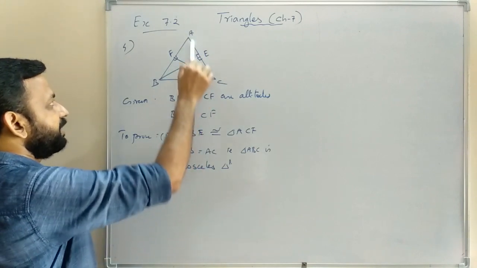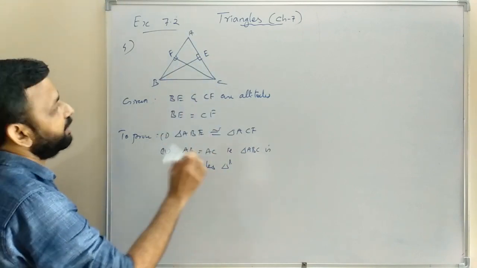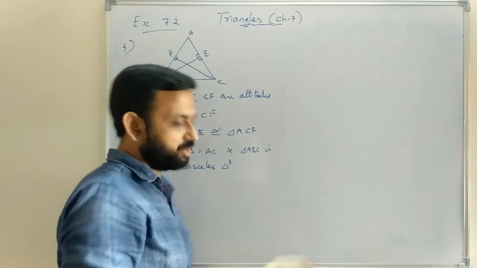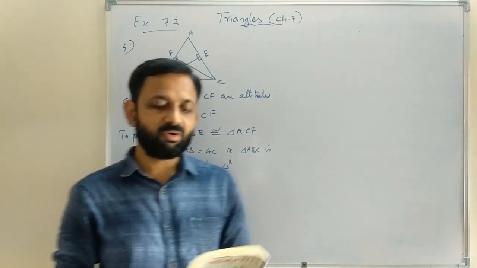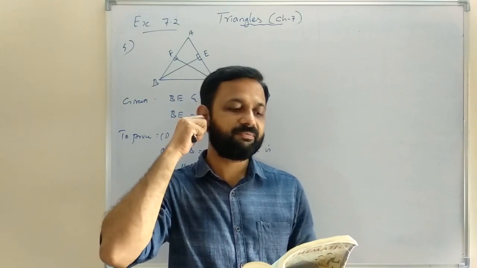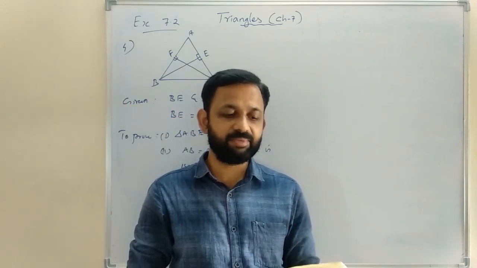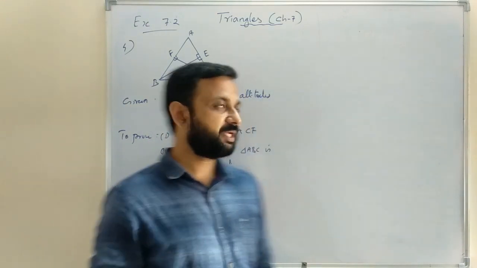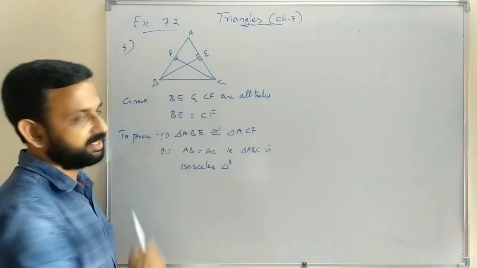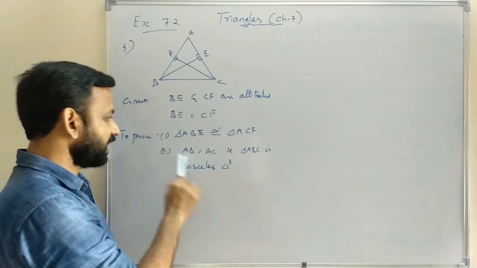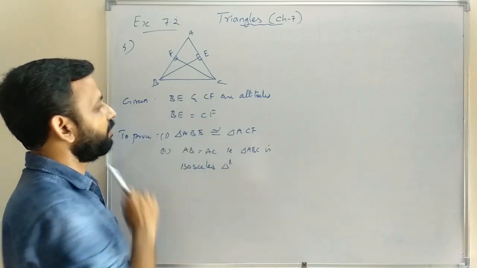That triangle ABE is congruent to triangle ACF, then AB equals AC. So that question: ABC is a triangle in which altitudes BE and CF, two sides AC and AB are equal. That means altitudes are equal. We need to prove sides are equal. But in the previous question, sides were equal, then we proved altitudes are equal.